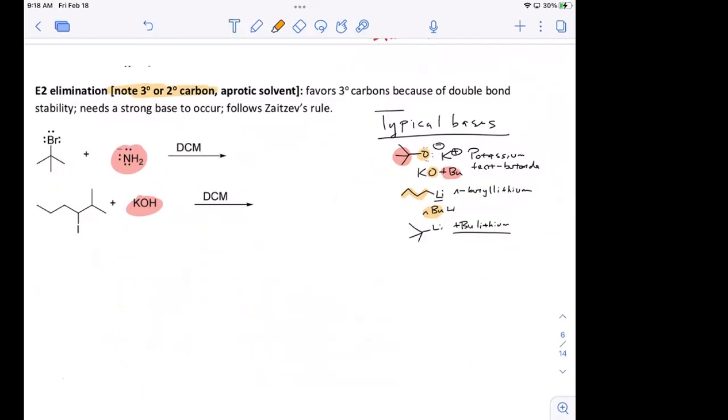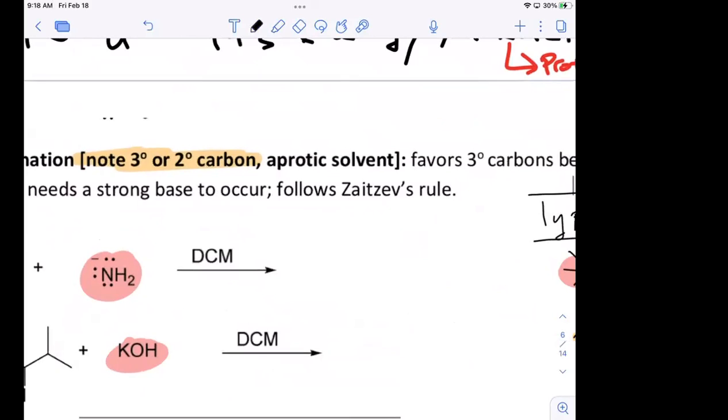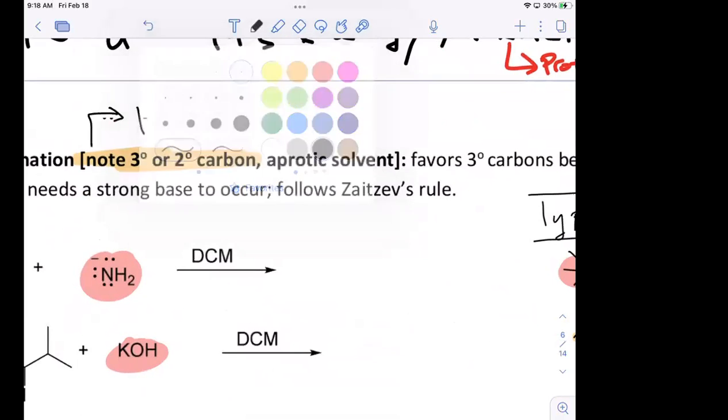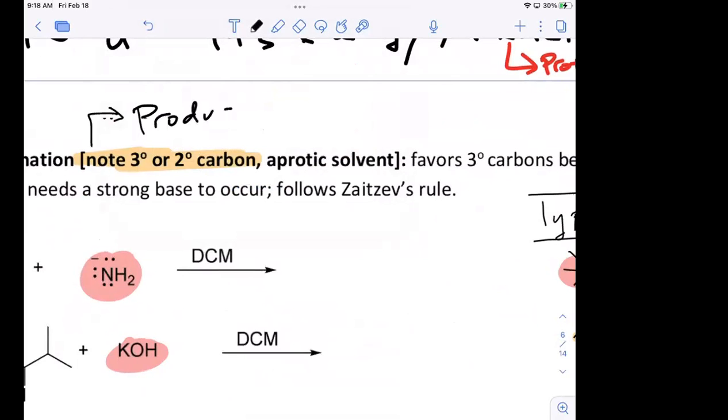Tertiary and secondary carbons produce more substituted alkenes, which are also more stable.